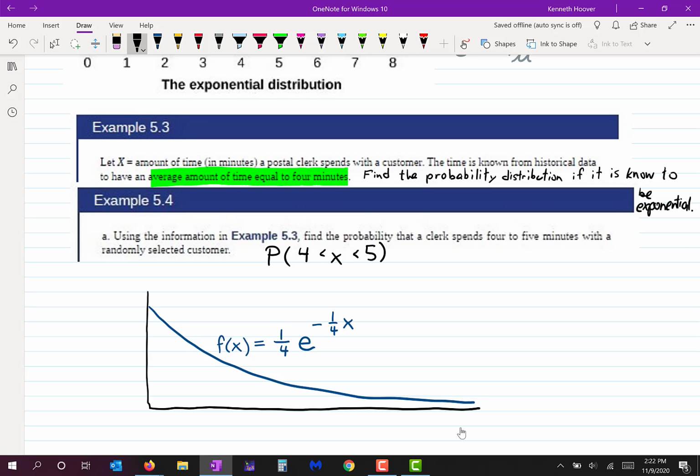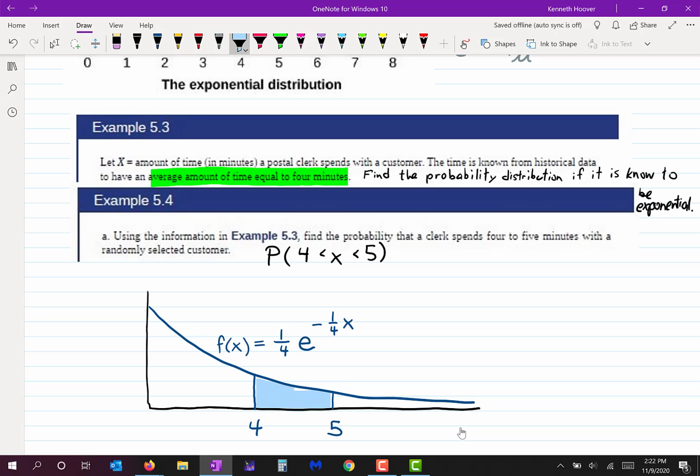I can draw a picture for you. What they're asking us to find is how much area is in this shaded part right here.